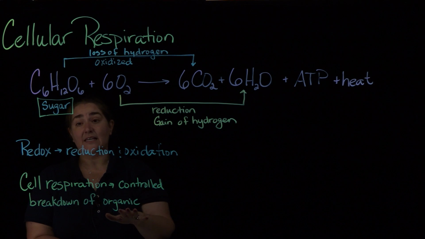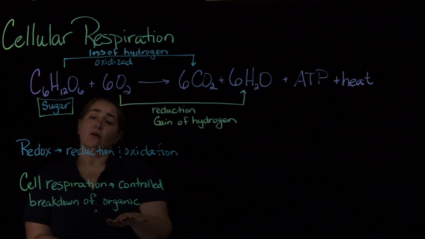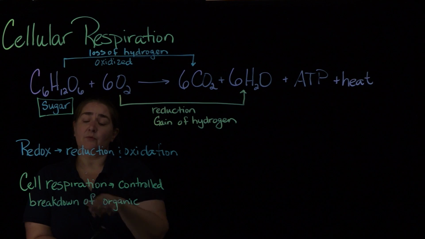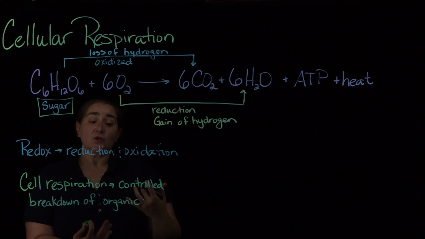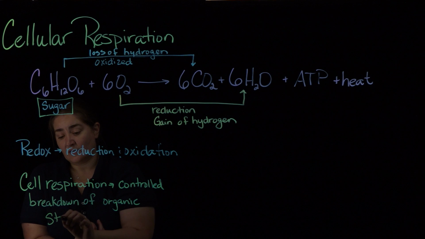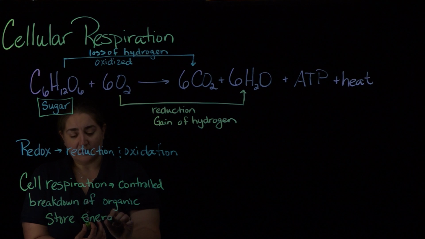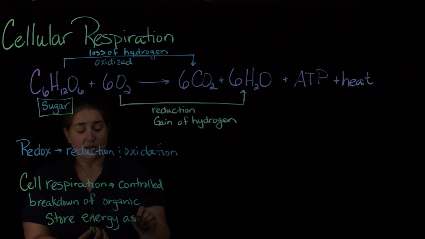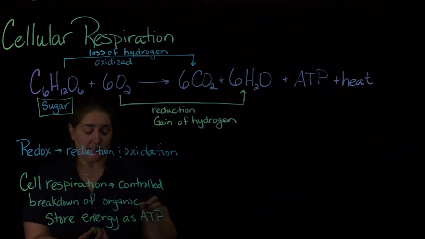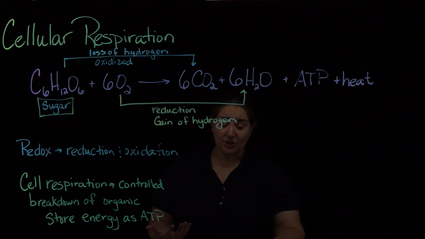Be aware any organic molecule, well, I shouldn't say any, but there are other organic molecules that can be broken down by cellular respiration to store that energy in those organic components you take in as part of your diet, as ATP, okay?